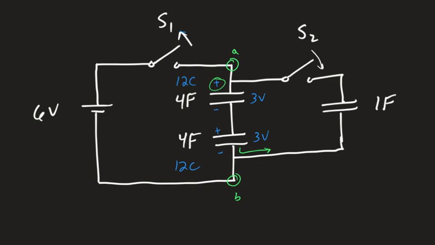So in this circumstance, this is an interesting circumstance. At least I hope it's interesting. There's going to be a movement of charged particles until the potential across A and B stabilizes. Now, to understand what I mean by that, there's going to be a movement of charges until the potential difference from here to here is the same across the two that are in series and the one by itself.